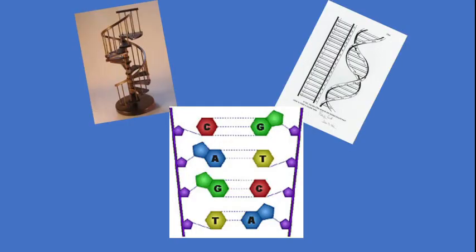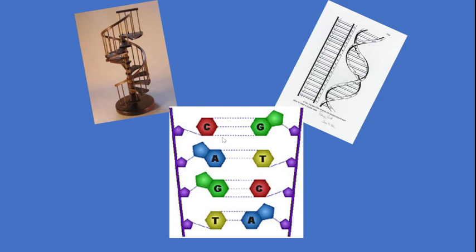Now, here are some more pictures for you to get a better idea. And you'll also notice we have our twisted staircase to show you. And here's a comparison so you can really get a better idea of what we're talking about. And here we have a better representation of our complementary base pairs and how they'll pair up together.